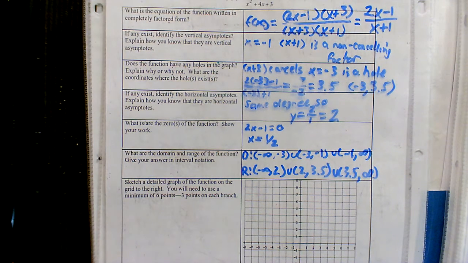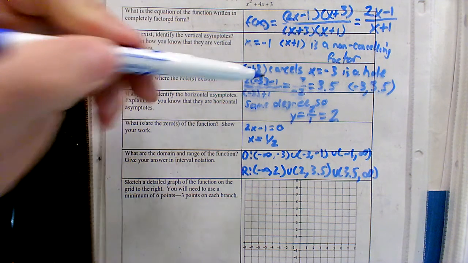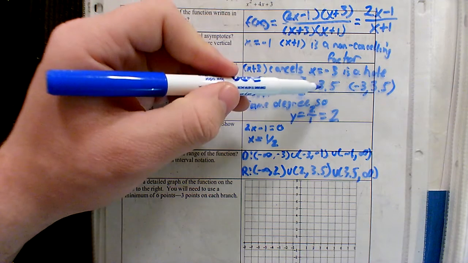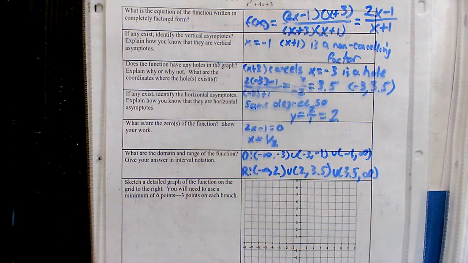So at the top, we completely factored it and wrote the simplified form. In the second box, we talked about any vertical asymptotes, so non-canceling factors in the denominator, so x plus 1. Any holes, so that's the canceling factors, x plus 3 canceled. I took the reduced form and plugged in -3 and found my y value of the hole. In the next box, the horizontal asymptote, look at the degree.